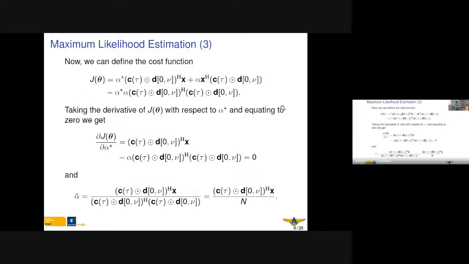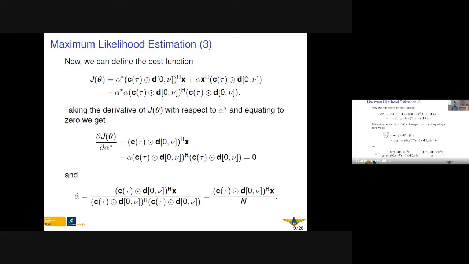We take here the derivative with respect to alpha conjugate, which means the first term, C tau Hadamard d Hermitian times x. The second term is not dependent on alpha conjugate, so it's 0. And the third term, when we take the derivative with respect to alpha conjugate, we get alpha times C Hadamard d Hermitian C Hadamard d, and we can equate that to 0. When we now resolve for alpha, we get an estimate for alpha, and this is only dependent on x, c, d, nu, and tau in the end.